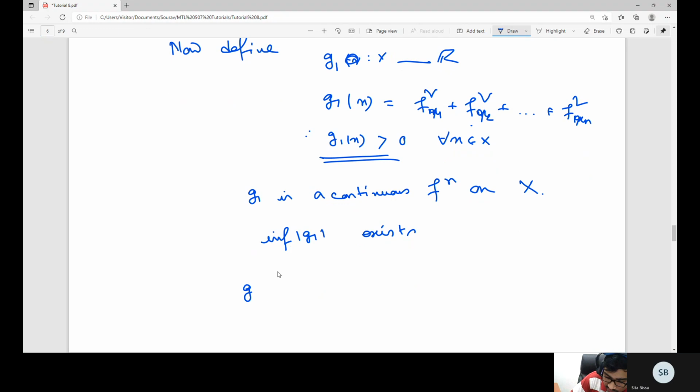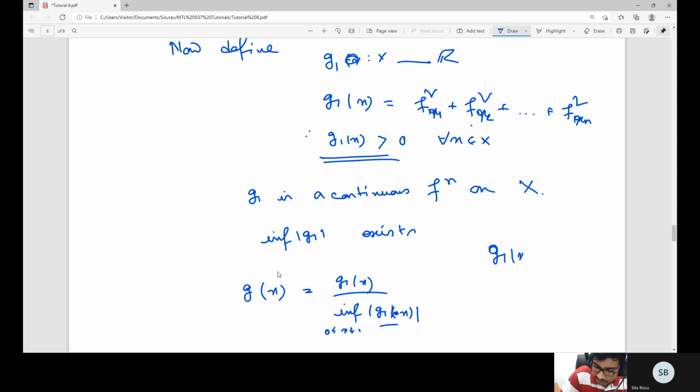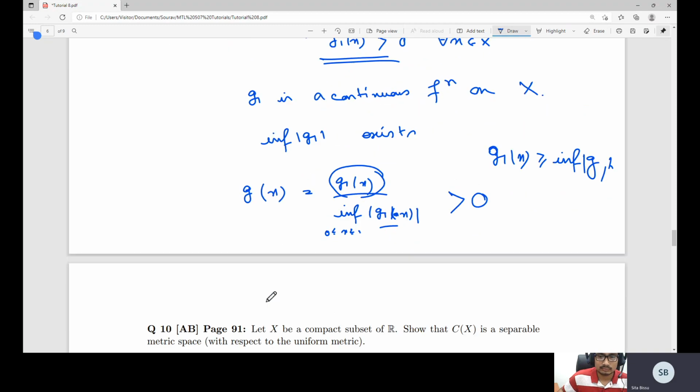Now you consider the function g(x) to be g1(x) divided by the infimum of g1. As g1 is non-zero, its infimum will be strictly positive. Therefore, for each x, you have g1(x) greater than or equal to its infimum, and it is a positive function. So this is always strictly greater than 0, right?